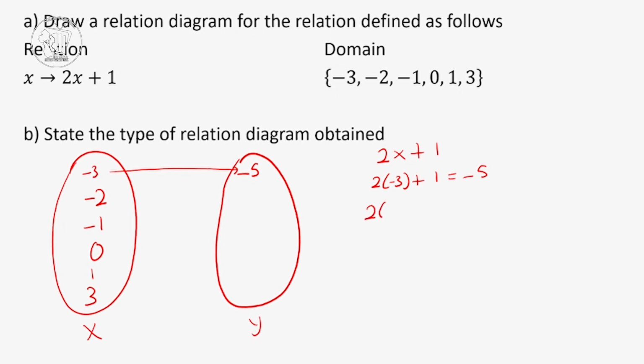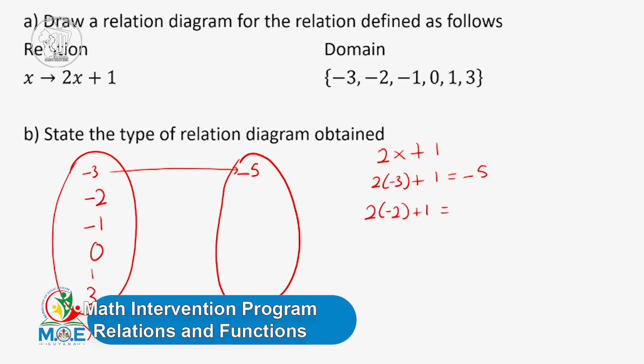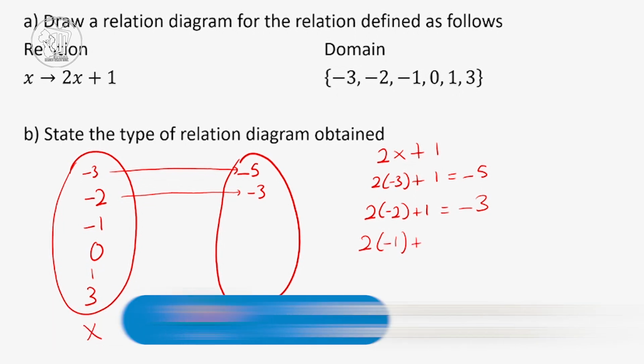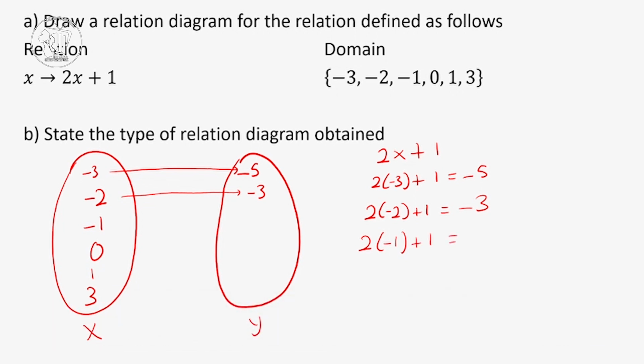This would be 2 times -2 plus 1, is equal to 2 times -2 is -4. So -4 plus 1 would be -3. So -2 will be mapped onto -3. Then we have -1. This will be 2 multiplied by -1 plus 1, is equal to 2 times -1 would be -2.